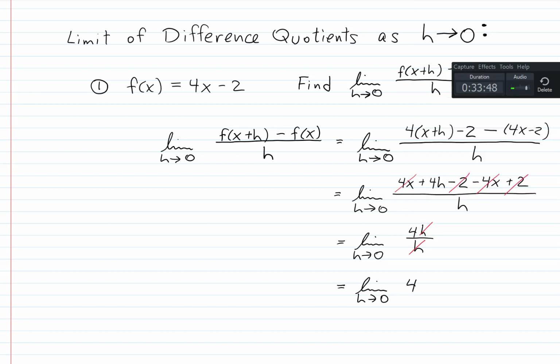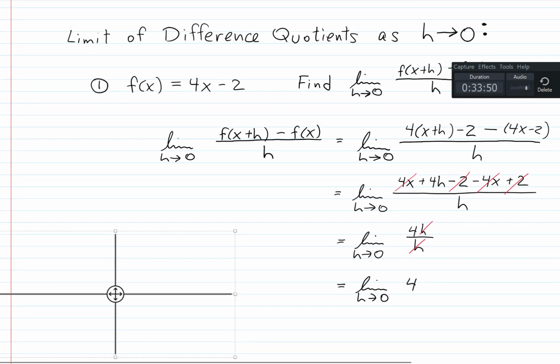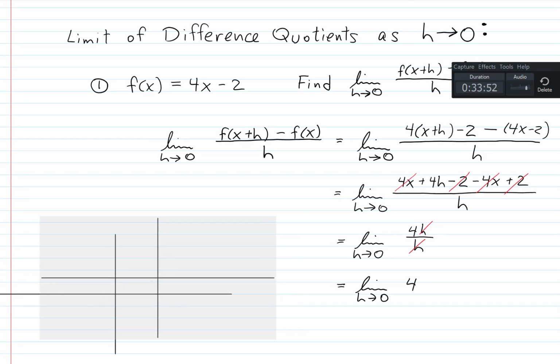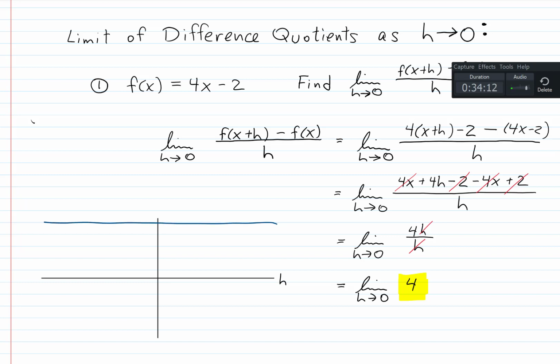If that's not a good explanation, then let's do this. Look at a graph where this is not the x-axis, but it's the h-axis. And I want to find the limit of the constant function 4. That function looks like this, right?